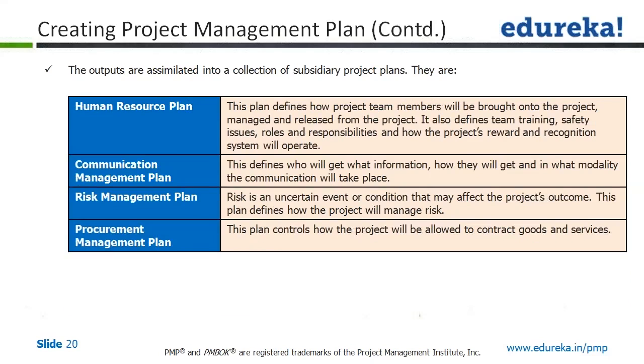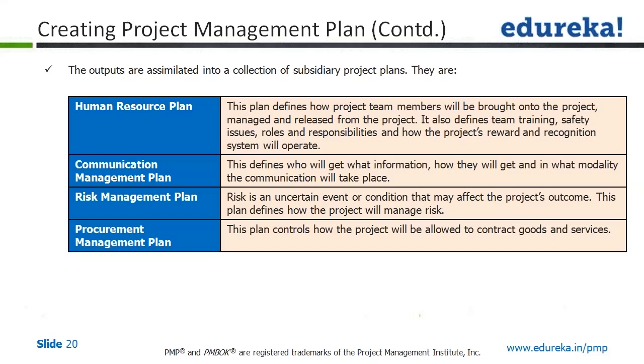Human resource plan helps us define how we are going to bring project members into the project, how we will take care of their training needs, their roles and responsibilities, and their rewards and recognition. Communication plan defines how communication is going to be done with the various stakeholders.